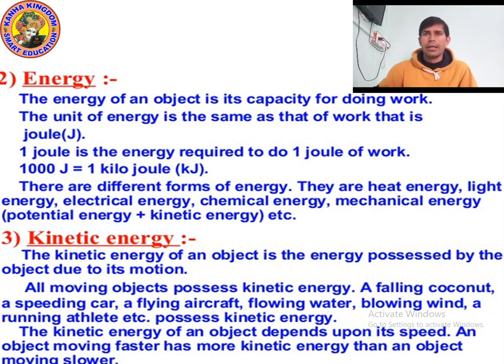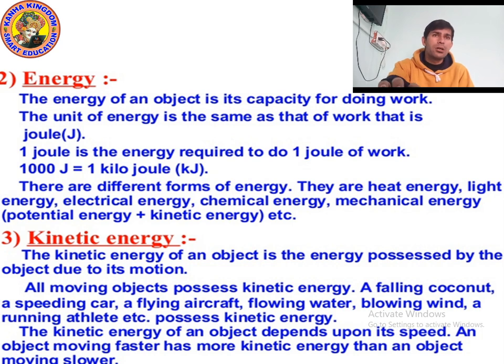1 joule is the energy required to do 1 joule of work, because energy is required to do any work. But in case of work done, the definition of 1 joule is different.